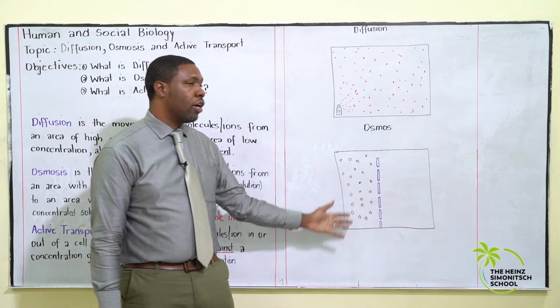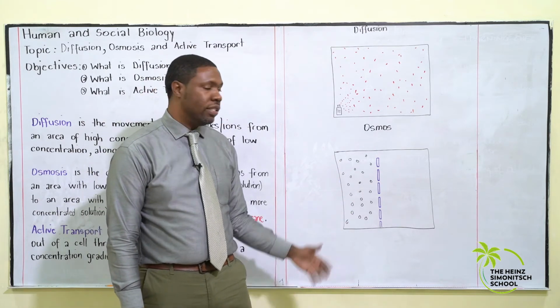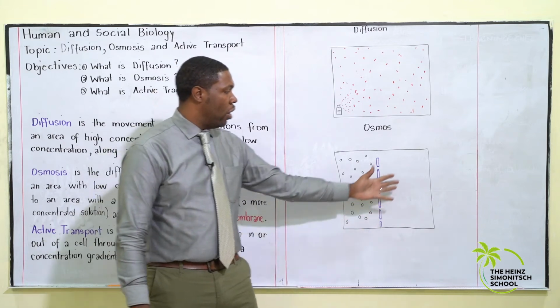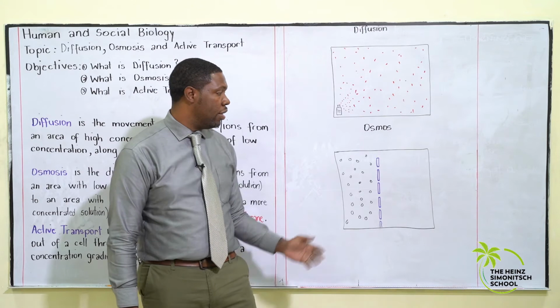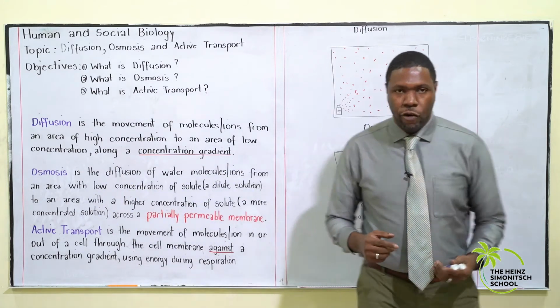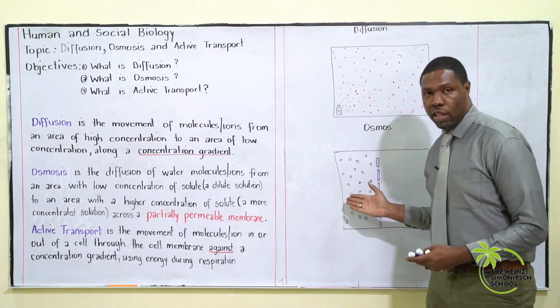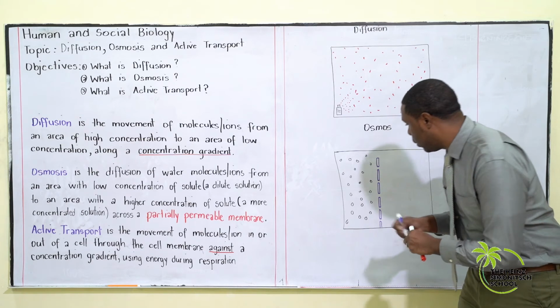So these tiny circles will represent the area of low concentration or the diluted solution. And on this side will represent the area of higher concentration or the more concentrated solution. So let's say, for example, we have water on this side. So these tiny circles will represent water molecules.